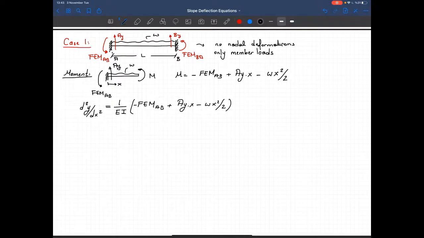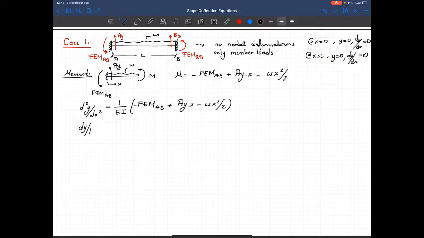And of course, for this case, let's write the boundary conditions. At X is equal to 0, Y is equal to 0, dy over dx is equal to 0, and at X is equal to L, again, Y is equal to 0, dy over dx is equal to 0. Okay, these are the boundary conditions.